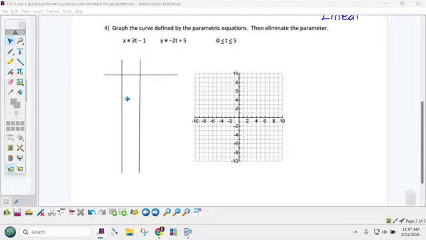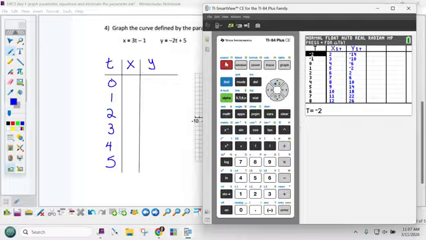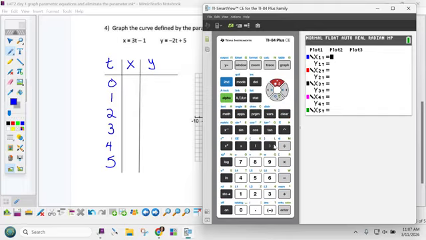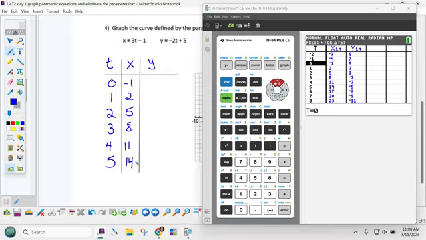All right, let's try one more. Oh, well, that's going to be off our graph.